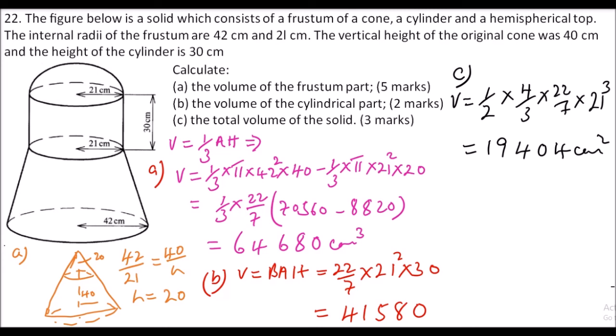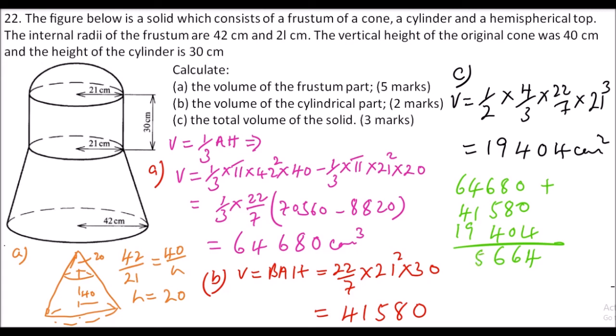Then with that, you should be able to come up with the total. So you add 64,680, you add 41,580, and you also add 19,404.